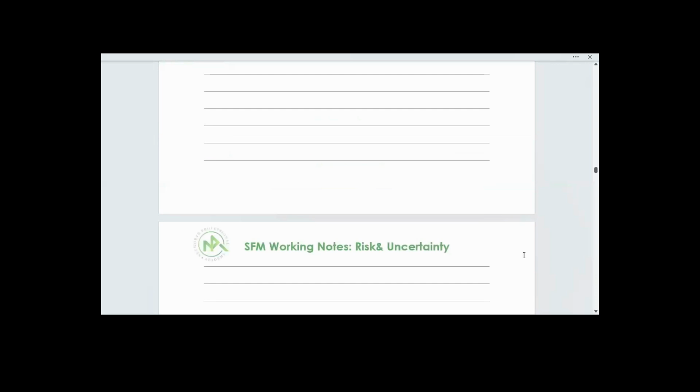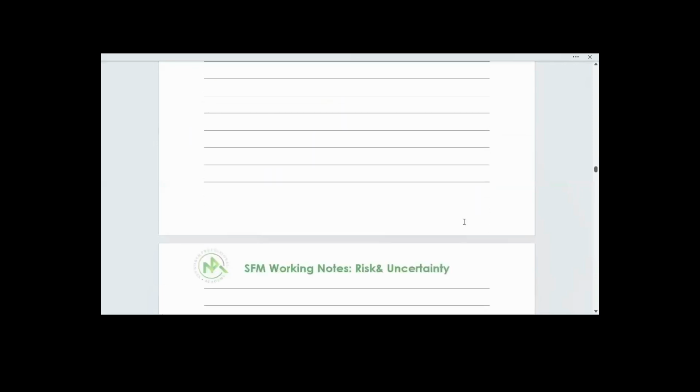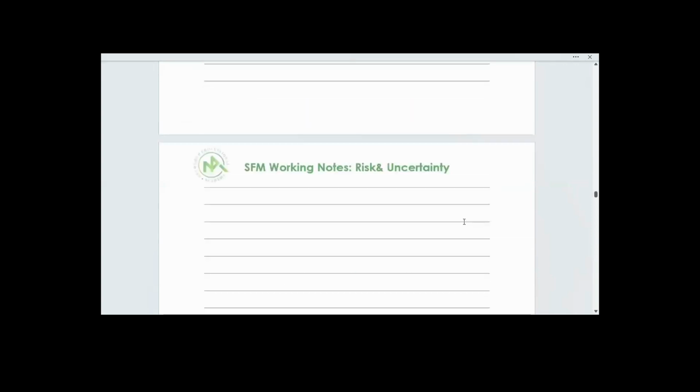My sensitivity margin, this is NPV. This is NPV, part of sensitivity margin. Then let me go to my working, which will be here.